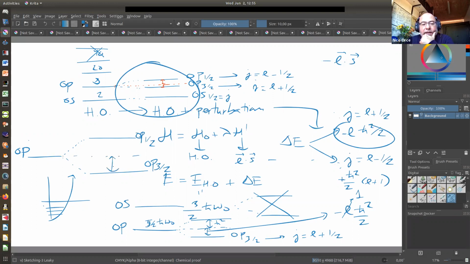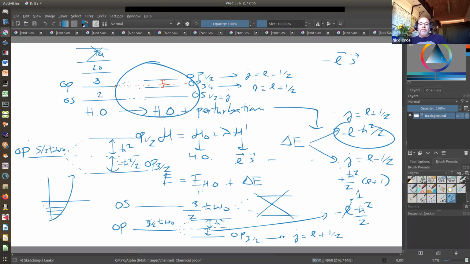The 5/2 h bar omega naught has been shifted in energy by the perturbation, by the spin orbit interaction, by a factor which is minus h bar squared over 2. And this has gone up in energy by a factor which is h bar squared.